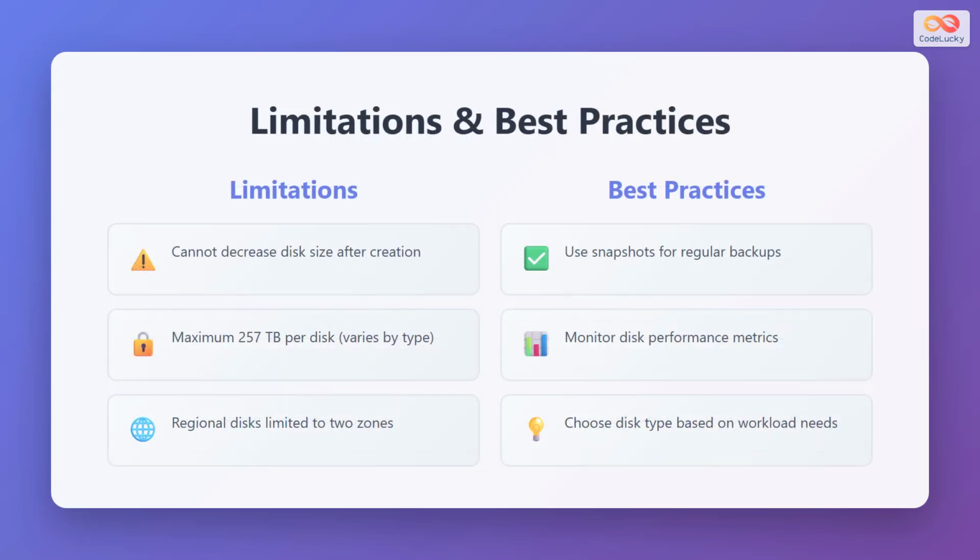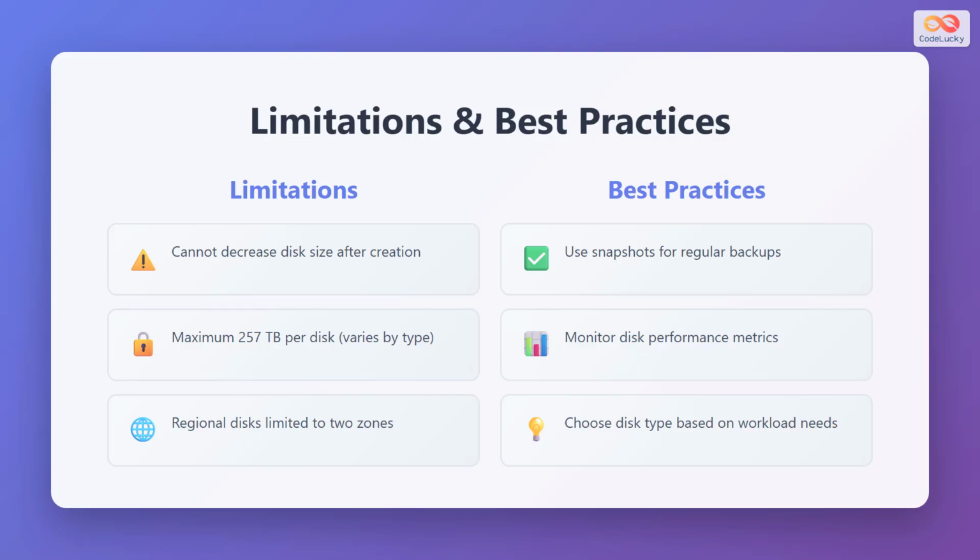Let's wrap up by discussing some important limitations and best practices. On the limitations side, you cannot decrease disk size after creation, so plan your capacity carefully from the start. There's a maximum size limit of 257 terabytes per disk, though this varies by disk type. Regional disks are limited to replication across just 2 zones within a region.